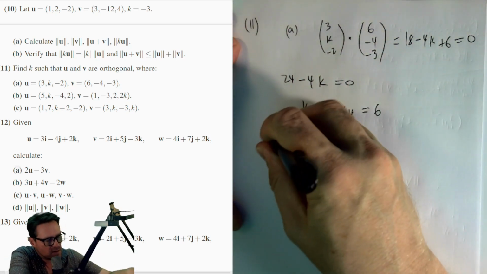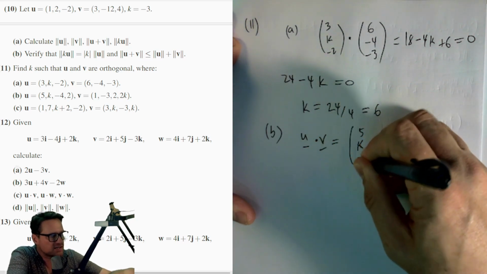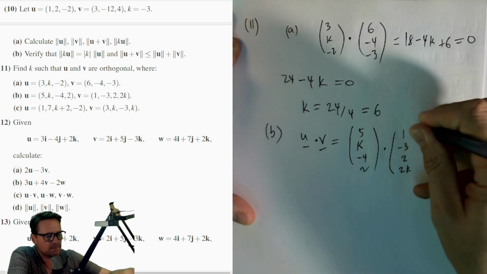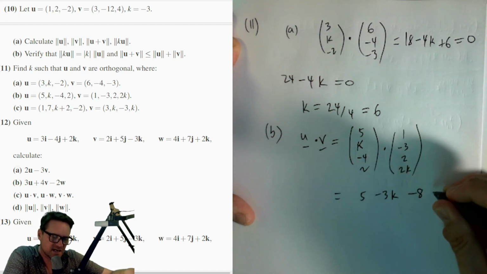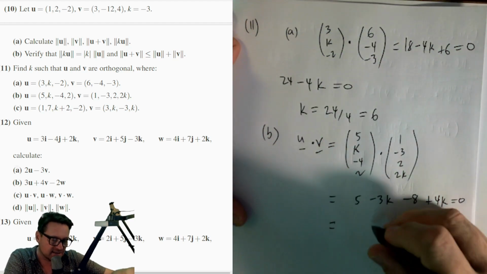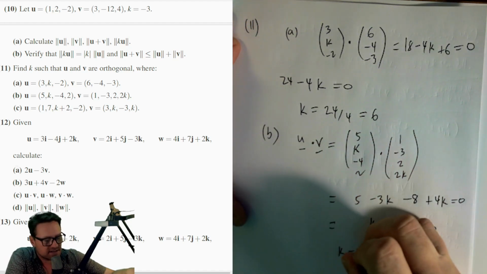All right, now part B, u dot v is (5k minus 4, 2) dot (1 minus 3, 2, 2k). So this gives us 5 minus 3k minus 8 plus 4k equals 0. And so that is k minus 3 equals 0. So k is equal to 3.